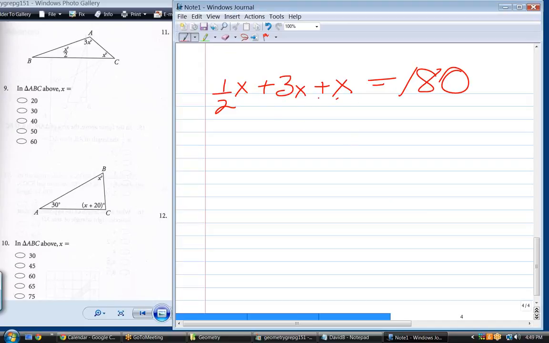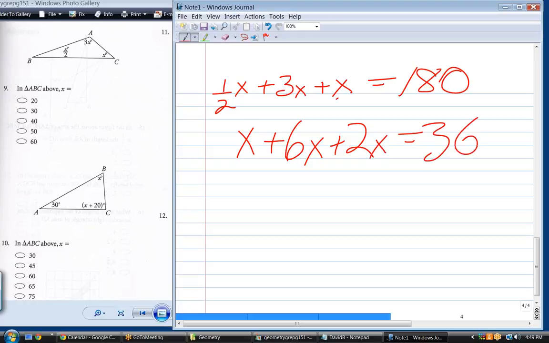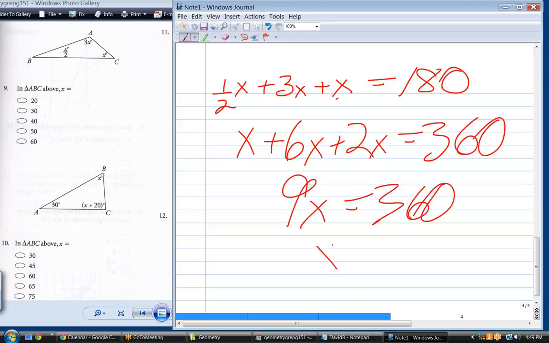Let me multiply every term in my equation by 2. Oh, yeah, and then you could get 360. Yeah. What this does is avoid the fractions. Okay, now I've got 9x equals 360, and I can do that without a calculator. 9 goes into 36 four times, so 40.